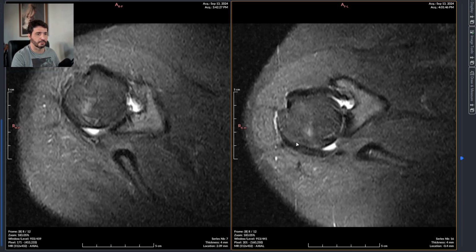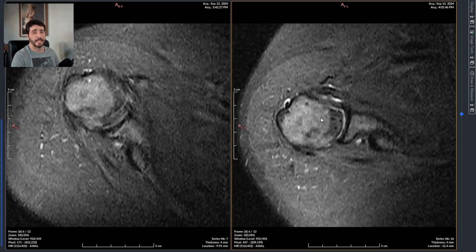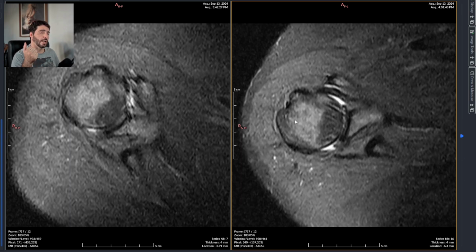So I see no signs of anterior dislocation, and there is an anterior and medial depression quite about here when a patient suffers a posterior dislocation.